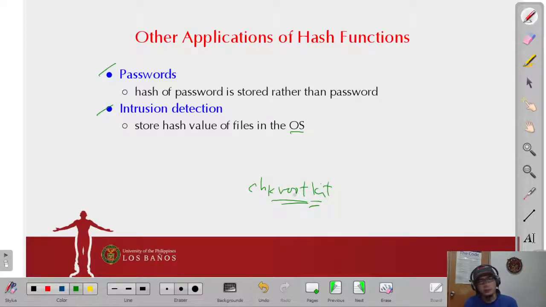To be able to detect changes in the system binaries or libraries, you can store the hash of the system binaries, and then from time to time recompute the hash of the system and compare it with the stored one to detect whether the original binaries were replaced.